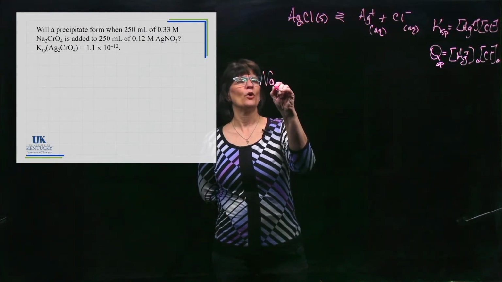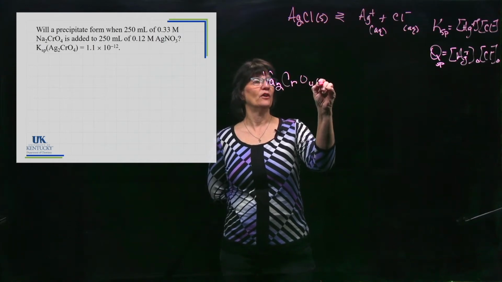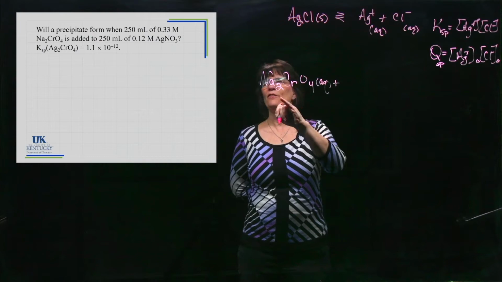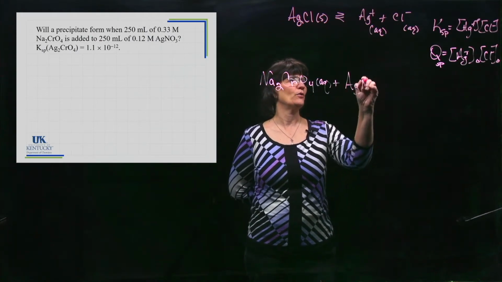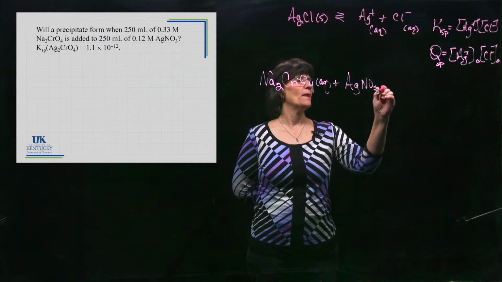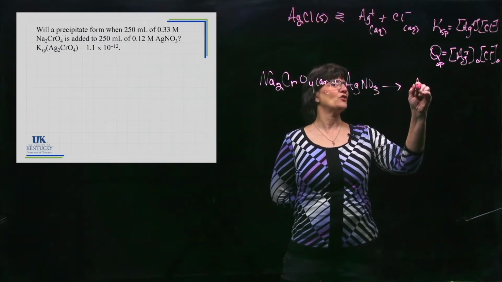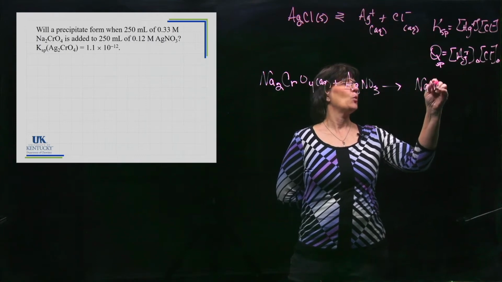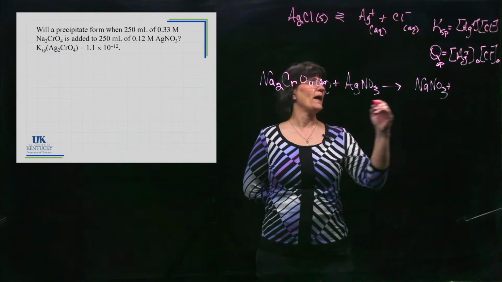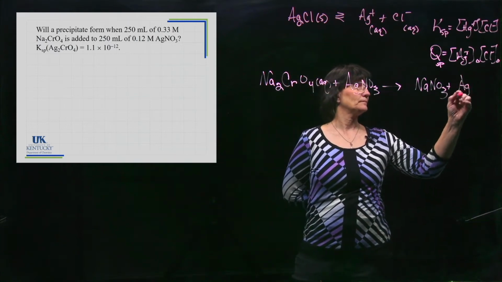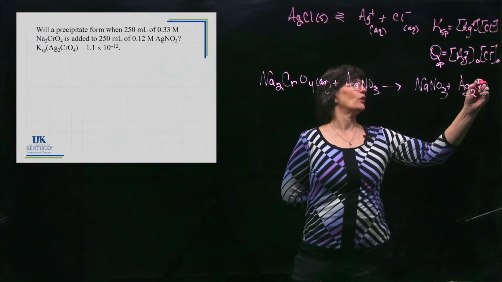Sodium chromate, Na2CrO4, that was a solution, and the other one was silver nitrate, AgNO3. It was a solution. We did a partner swap, so we formed sodium nitrate and silver chromate, Ag2CrO4.